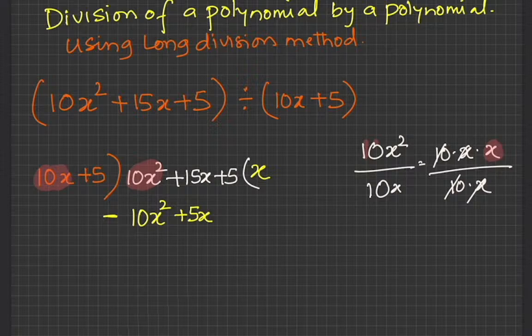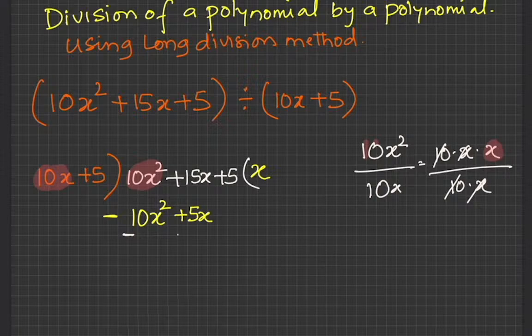So now recall when we did the subtraction of algebraic expressions, we changed the sign of the subtrahend. So what I have over here is a positive 10x squared. Now that is going to become a negative 10x squared. So I'm going to put the new sign here. And then I have a positive 5x.